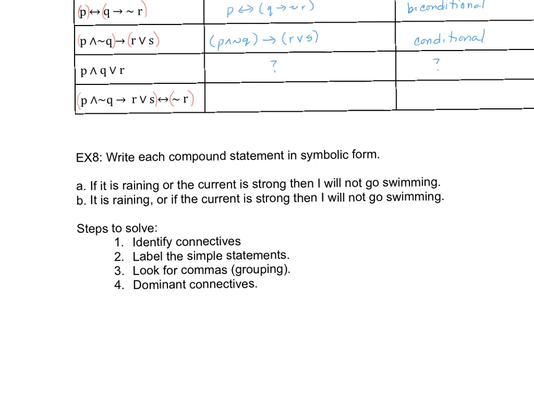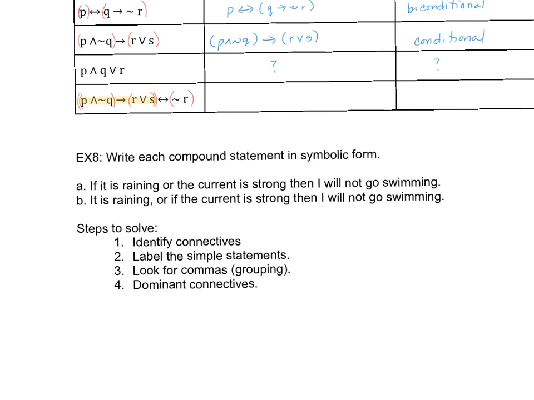So I'm going to ignore the not R, and I'm going to look at this first piece. I'm going to have to add in more grouping symbols. So I see an or, and an if-then. The if-then is dominant, which means I'm going to break up within the parentheses around that dominant connective.